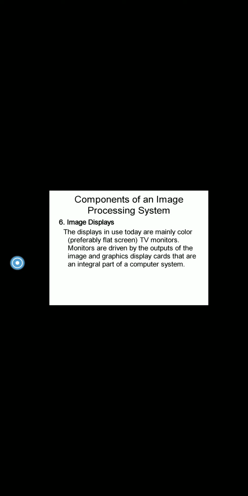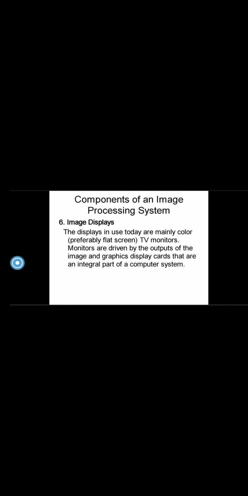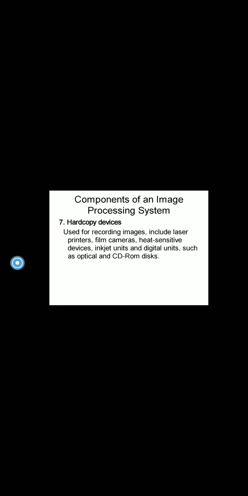Next we shall talk about image displays. Nowadays, for displaying the images, color TV monitors are used. And usually these monitors are driven by image cards or graphic cards, which are integral parts of the computer system. In the computer system we do have an image card or graphic card. The output of that card is given to the display unit, the monitor.